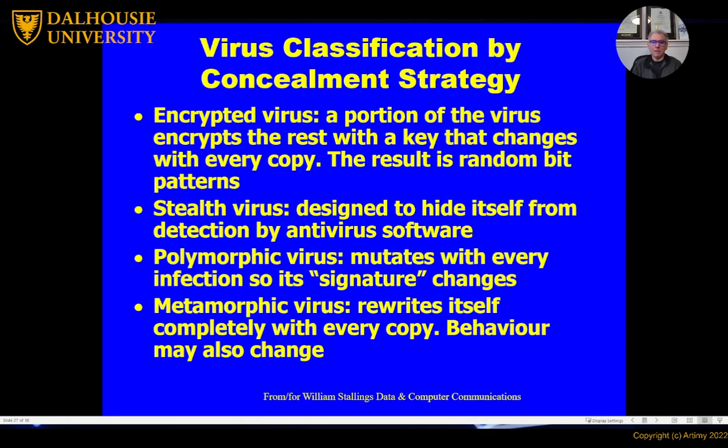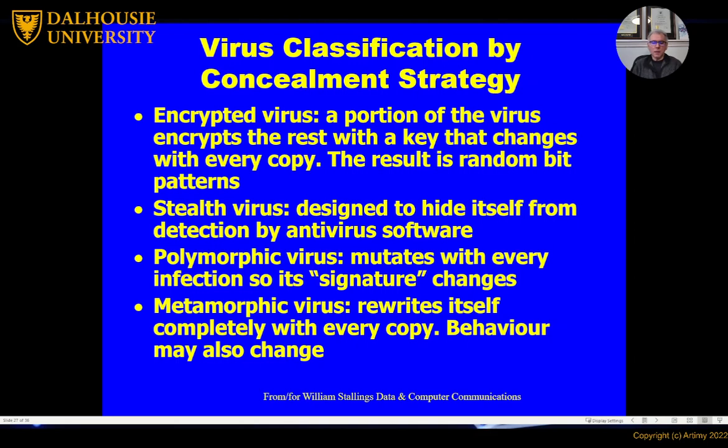If you see a series of instructions that delete all the files in your computer, you know that this software is harmful. But if it encrypts itself or part of itself, then you won't see what it's supposed to be doing. So that's a concealed virus.